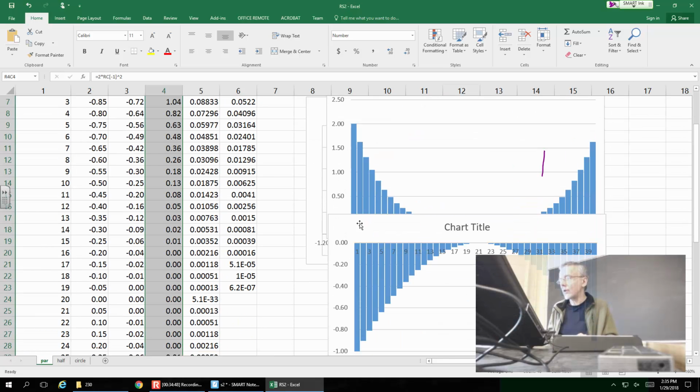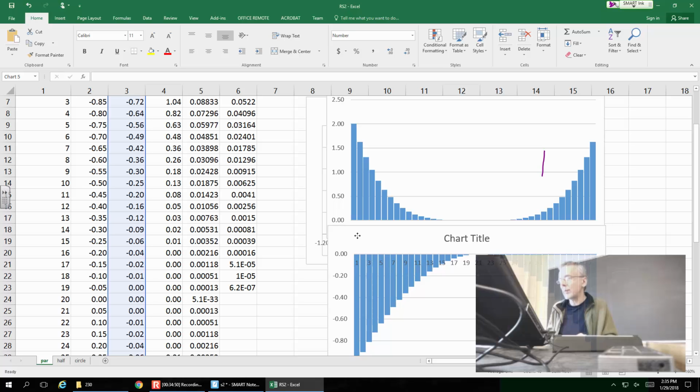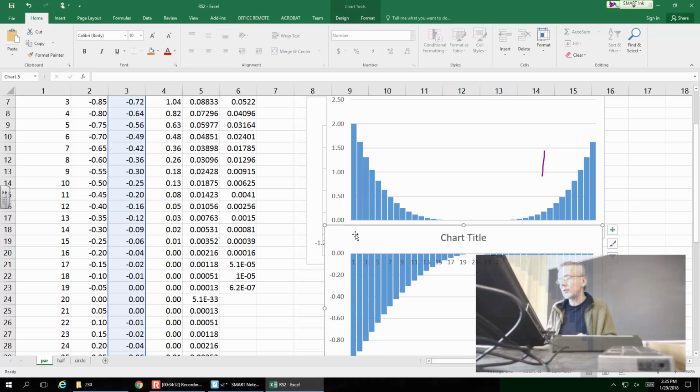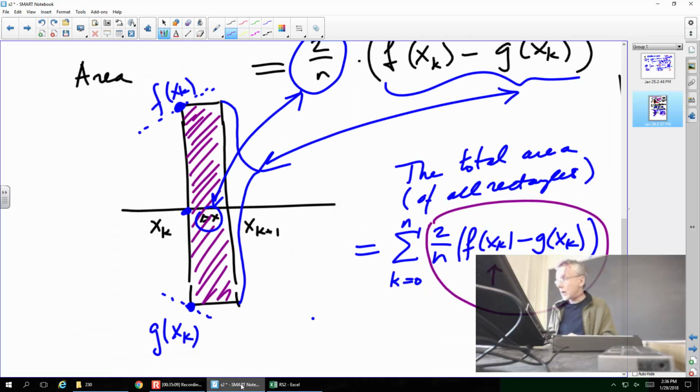Okay, so that's the region I'm looking at. Two non-identical parabolas, one above the other, and how does it compute the area? Every time it takes height times width, height times width, and so on, and adds them together. That's what this summation is doing.